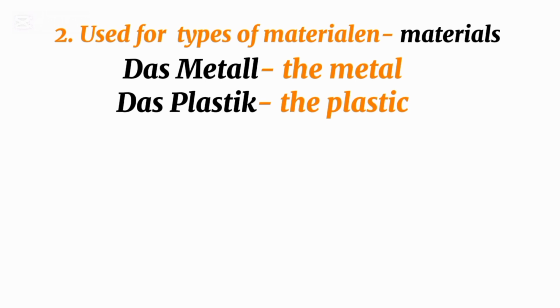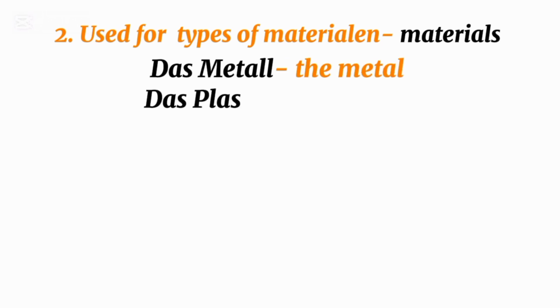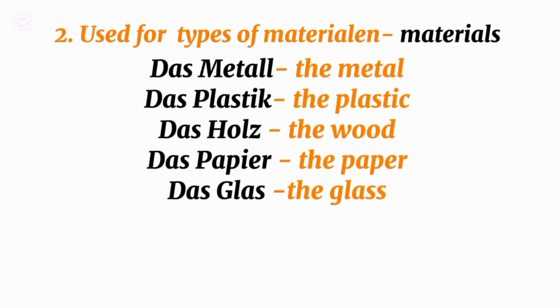Zum Beispiel, we have Holz, we have Papier, we have Metall, and we have Plastik and Glas. These 5 are the materials. So they associate all these materials with the das article. Das Holz, das Papier, das Metall, das Plastik, das Glas.